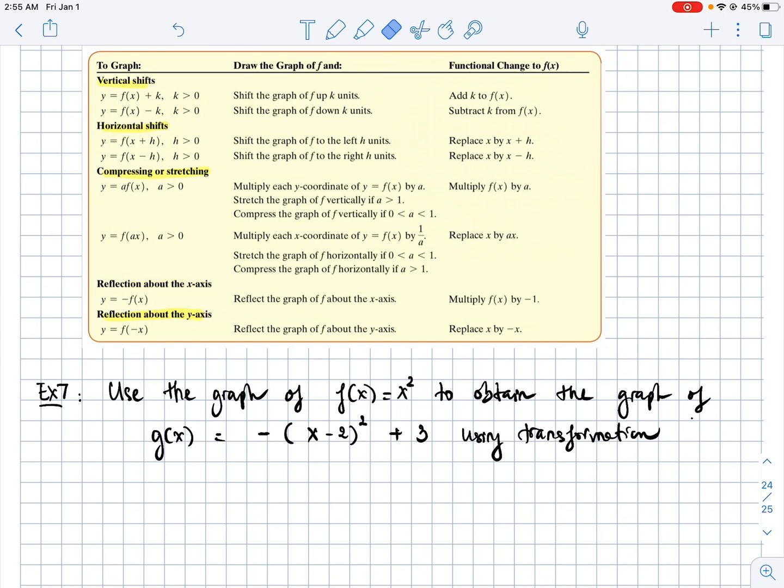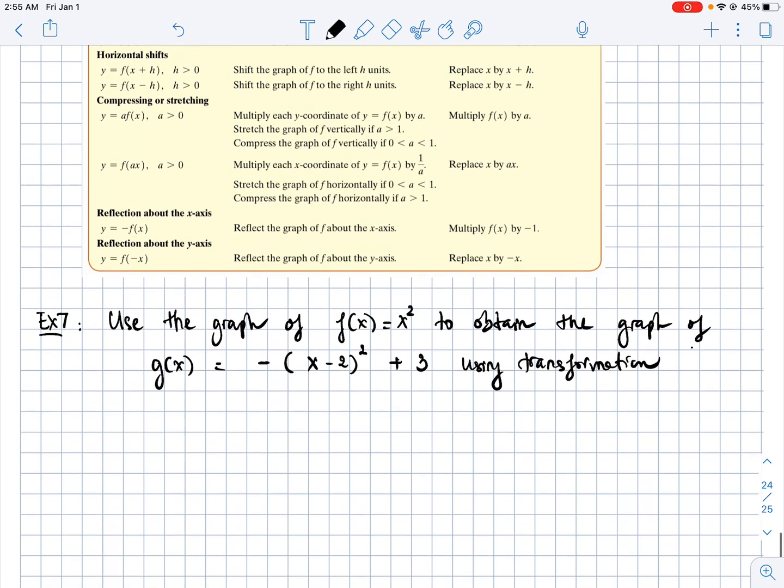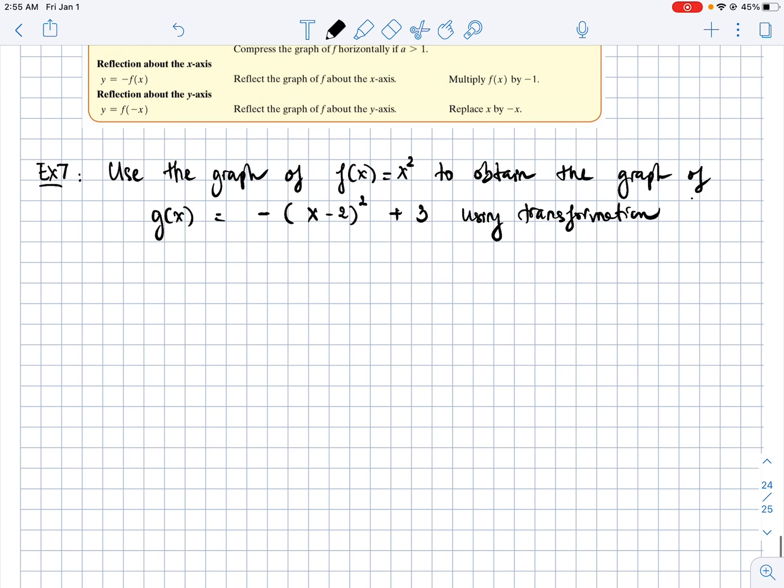Example number 7. Use the graph of f of x equal to x squared to obtain the graph of g of x equal negative parenthesis x minus 2 squared plus 3 using transformation. When we do the transformation from step number 1, we will graph the function from the library, which is f of x equal to x squared.